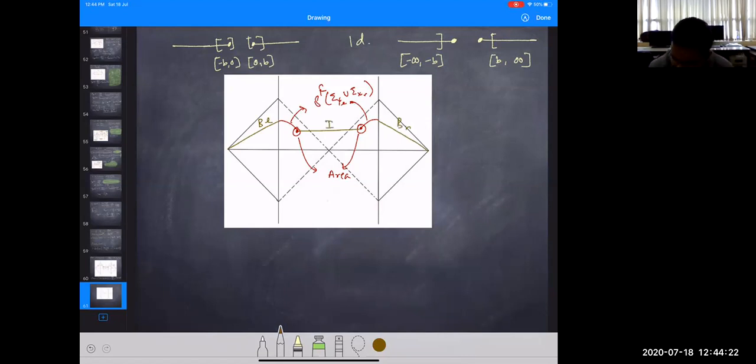Hence, for the island computation, this is just a prescription for now, and I really wanted to tell you about replica wormholes where you can derive this.